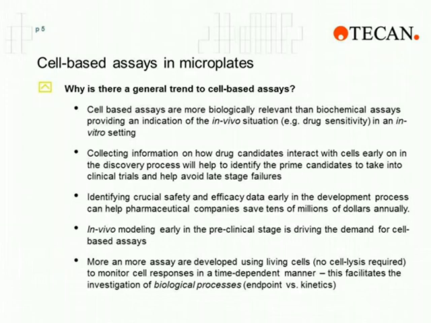Identifying crucial safety and efficacy data in the development process certainly can help pharma companies save a lot of dollars annually. And as mentioned, in vivo modeling early in the preclinical stage is driving the demand for cell-based assays, as shown in the previous slide.